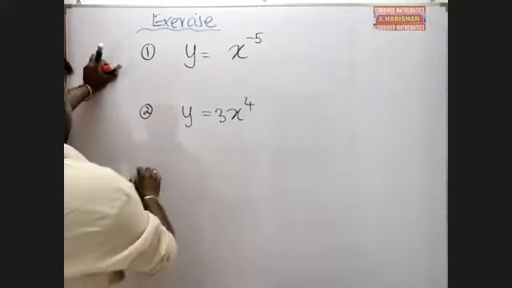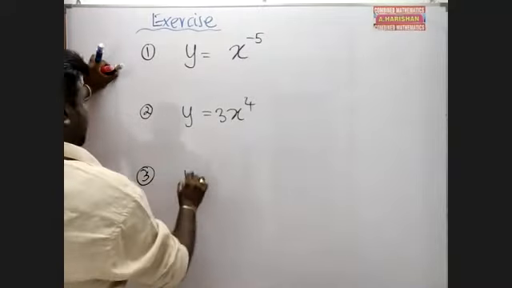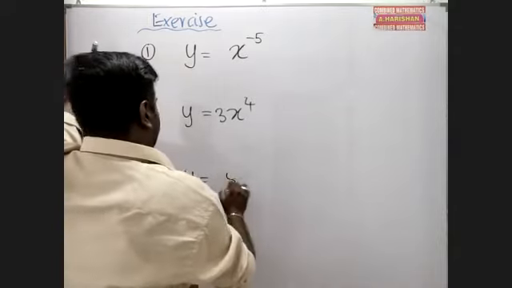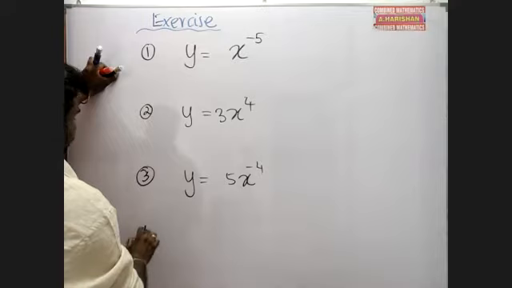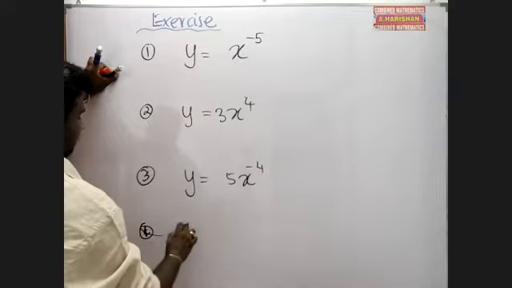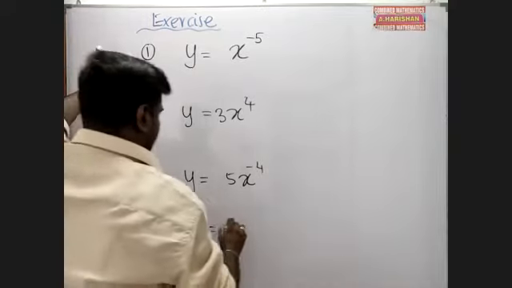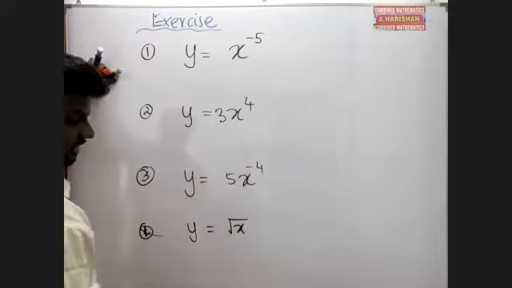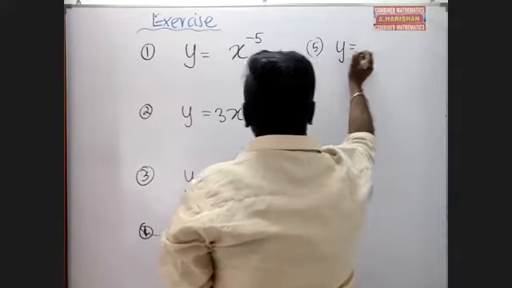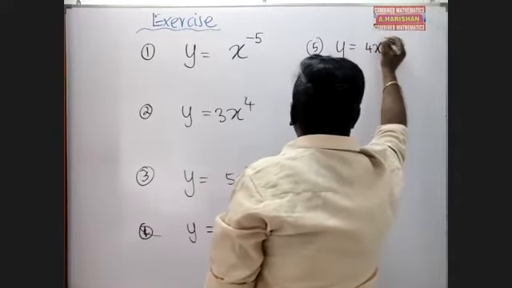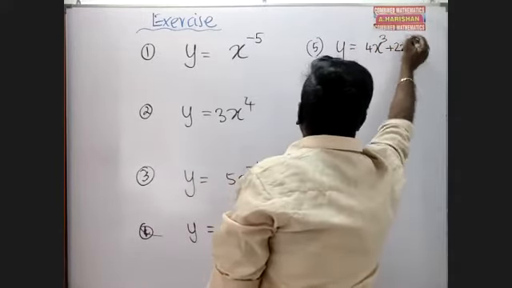Third one, y equals 5x to the power -4. Fourth one, y equals square root of x. Fifth one, y equals 4x cubed plus 2x squared.